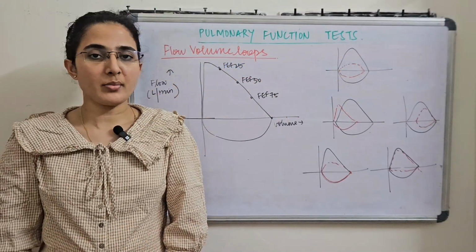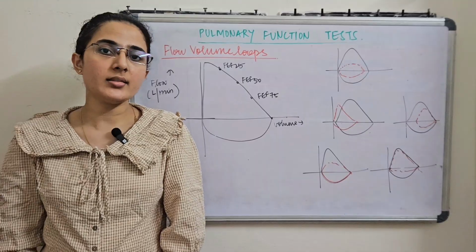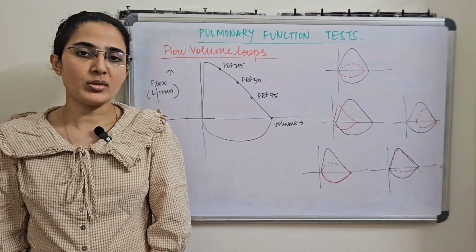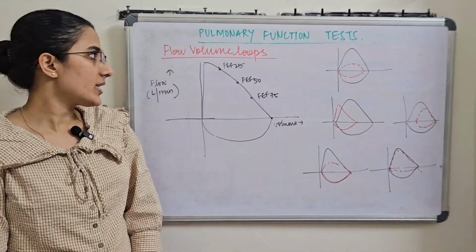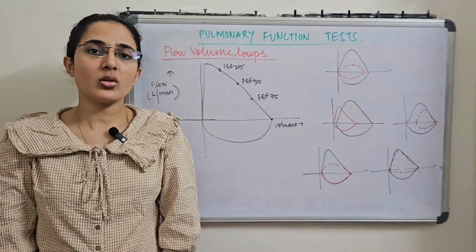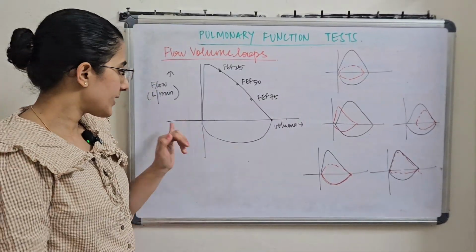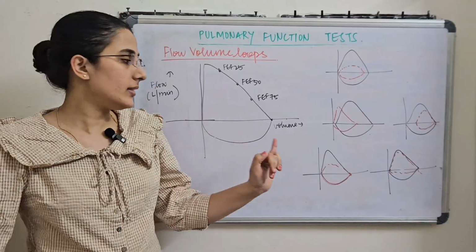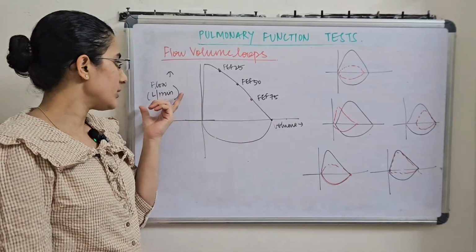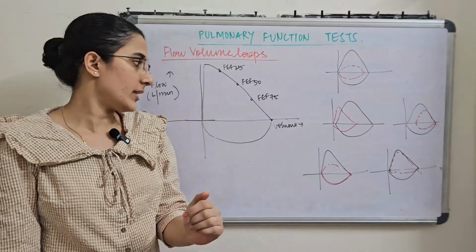So next we will be coming to the graphical analysis of the flow volume loops. Whatever we see as a part of the PFTs, we will also be seeing these flow volume loops, which is a graphical analysis of volume versus the flow in liters per minute.